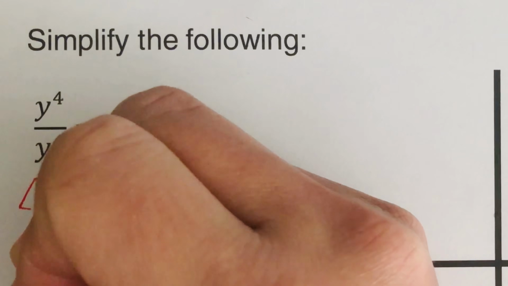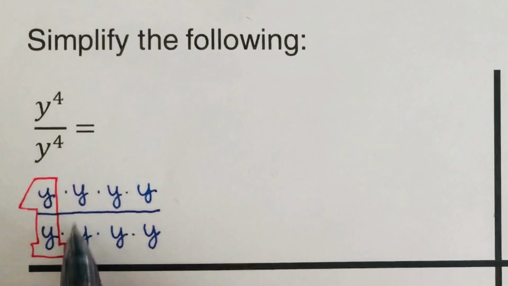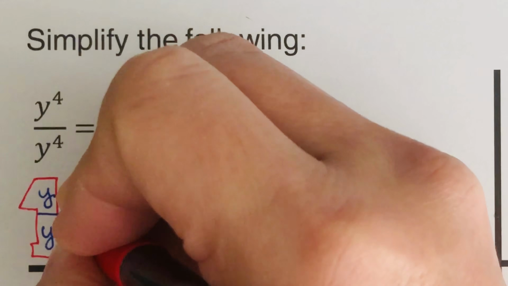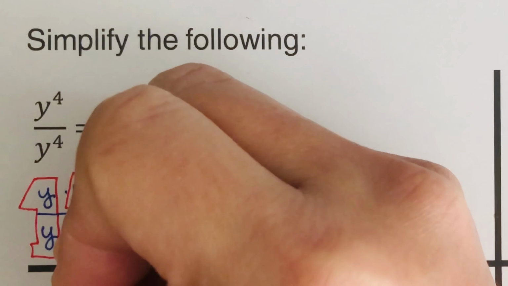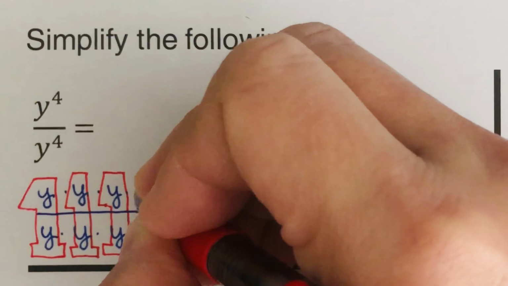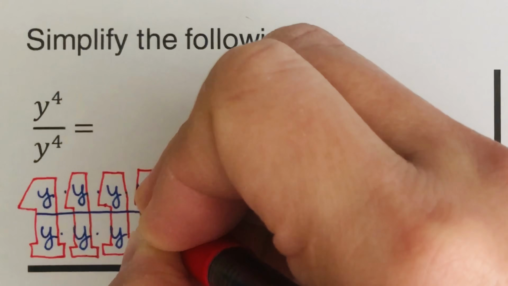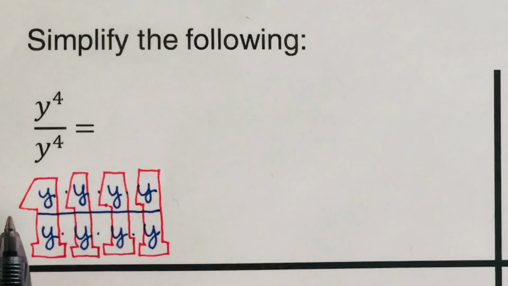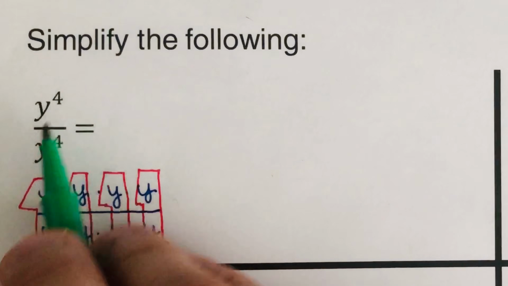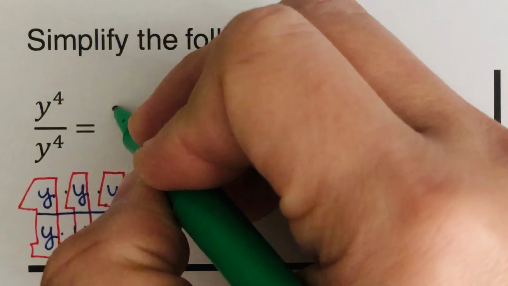And these other 3 here are also equal to 1. So I'm just going to write that up here. Okay, so 1 times 1 times 1 times 1 would be equal to 1. So the value of y to the fourth over y to the fourth is 1.